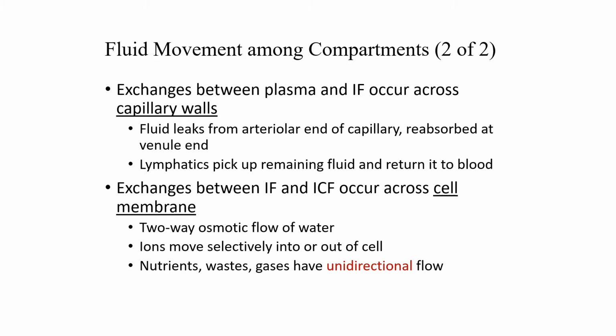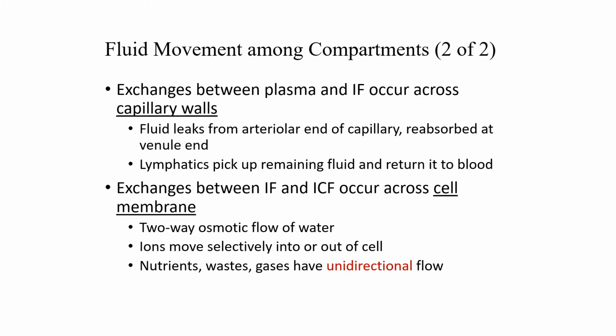So when we look at exchange between plasma and interstitial fluids, that happens along the capillary walls. We've already talked about this. Exchange between interstitial fluid and intracellular fluid occurs across the cell membrane.